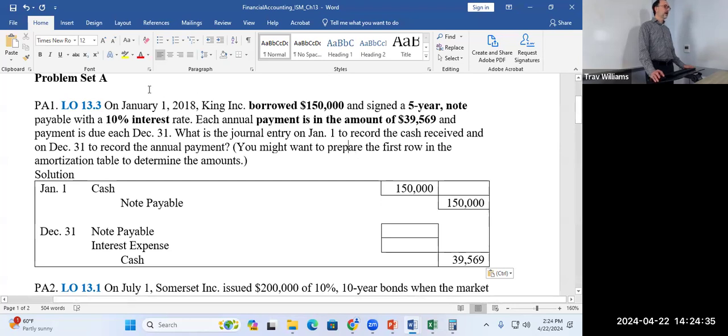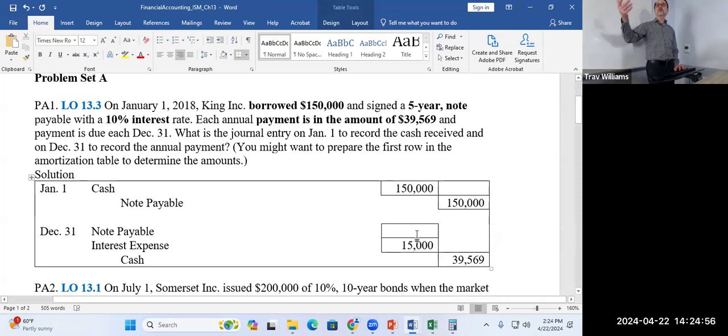Okay, multiply the principal, the amount that they borrowed, by the annual percentage rate of 10%. What does that give us? 15,000. That wasn't so hard, right? And then if we just subtract that from their payment, the rest is the amount that went towards principal, the amount that paid down part of the note.